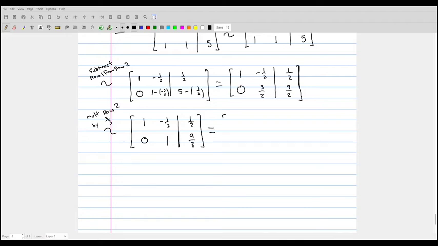So this is the same thing as 1, negative 1/2, 1/2; 0, 1, 3.